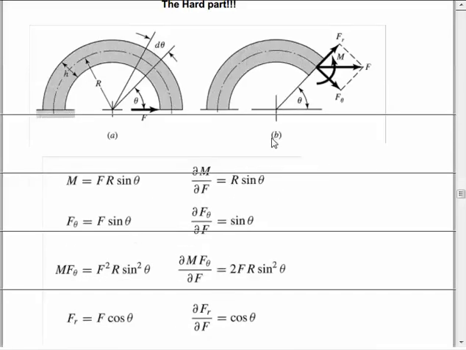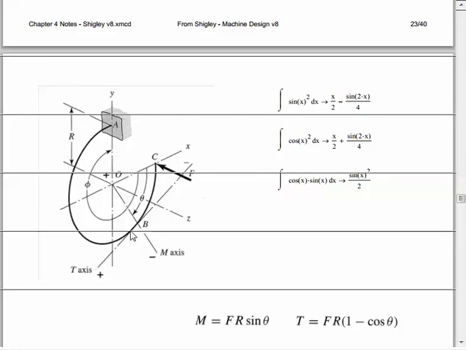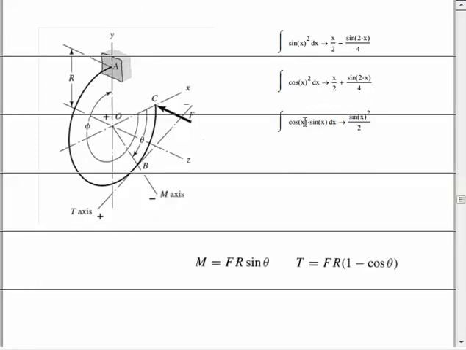And what the author has done right here for this problem is give you the values of the two forces and the moment as functions of theta. This is an example that has an out-of-plane loading for the curved ring, so we will certainly have torsion at every point within the cross-section, and we will have bending.